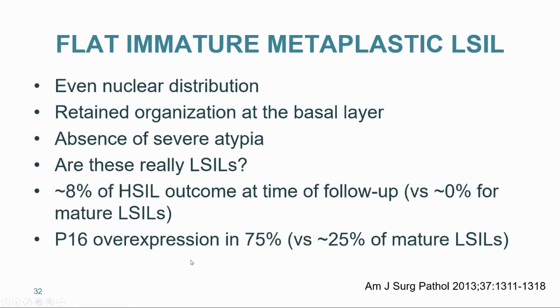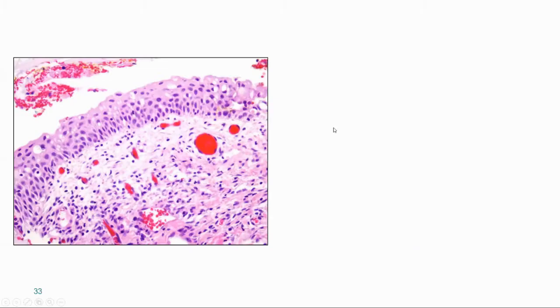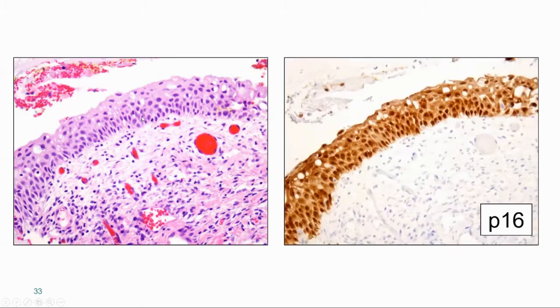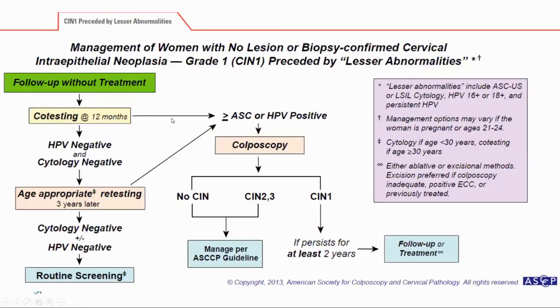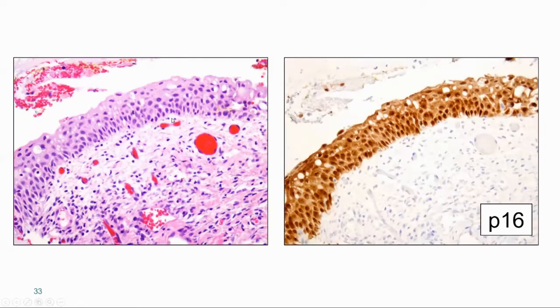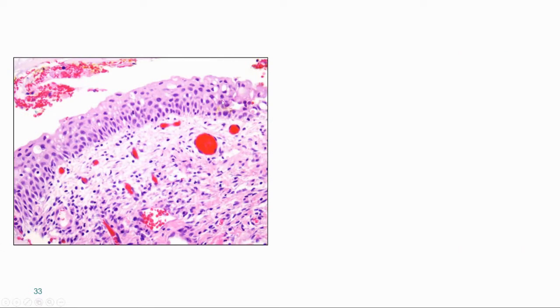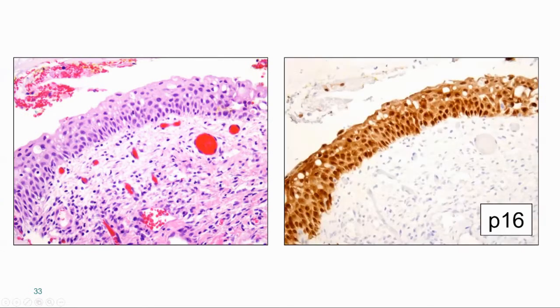Also, the rate of P16 overexpression in these so-called metaplastic LSILs is a bit higher compared to mature LSILs. This is an example of something that is not showing that maturation pattern and will overexpress P16, but we will classify as low grade based on morphology, based on the absence of severe cytologic atypia. I'm mentioning it because I think we should keep it in mind that there will be a subset of lesions that are morphologically low grade that will overexpress P16.